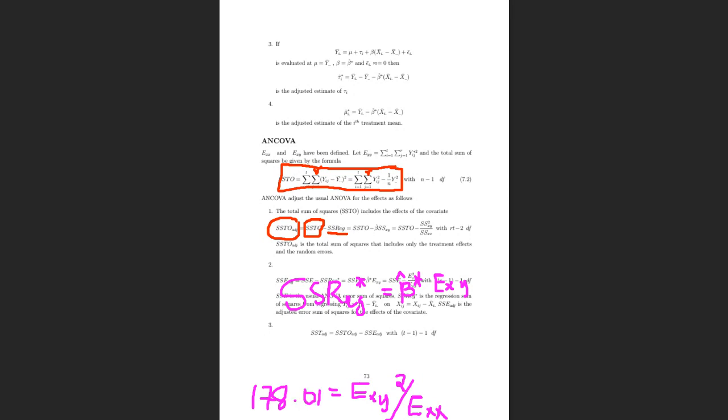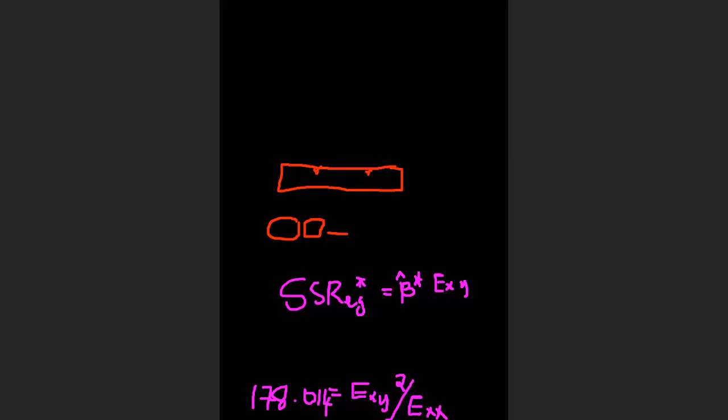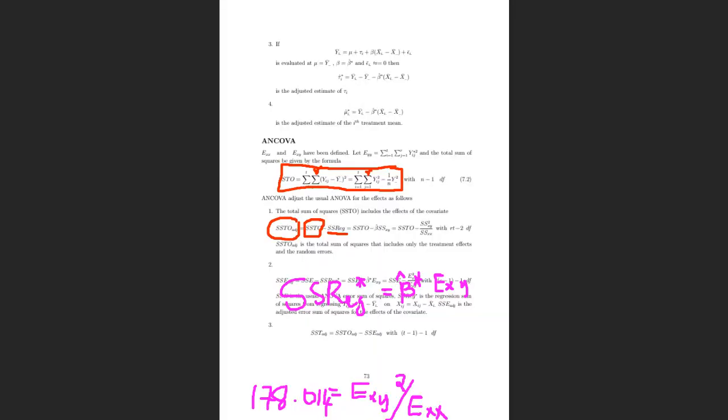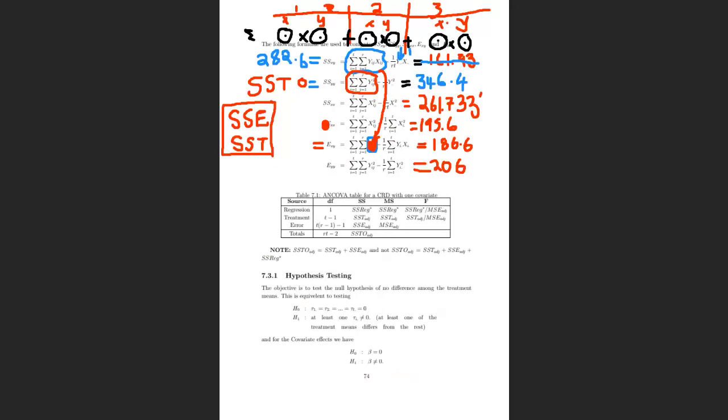Guys, here's the value. Do you agree? Yes, we agree. So now we are in a position of constructing our analysis of covariance. So let's move to that ANOVA now and check what is what.